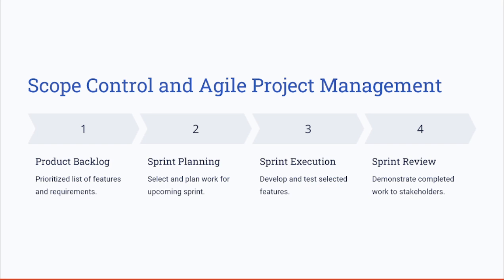Let's take a quick example. If a project manager is running a software development project using Agile methodology, and a new feature is requested by one of the key stakeholders or the client, it can just be added into the product backlog and will be prioritized based on business value and risk.